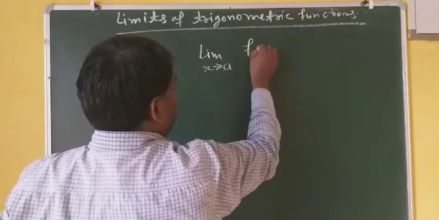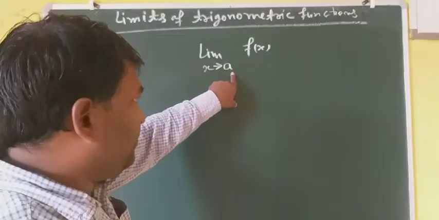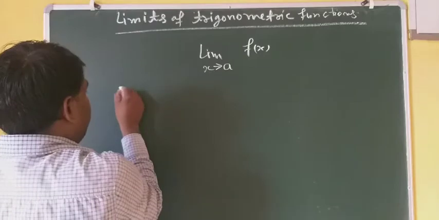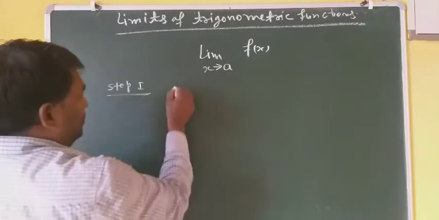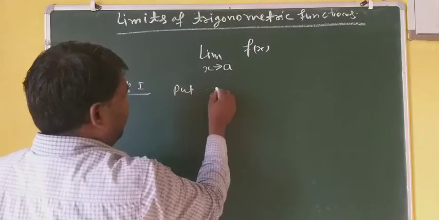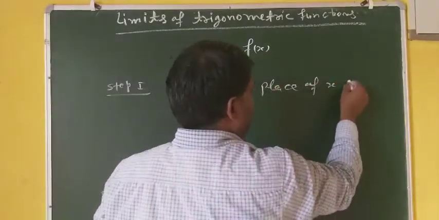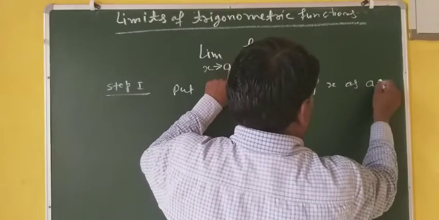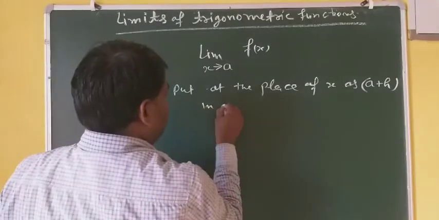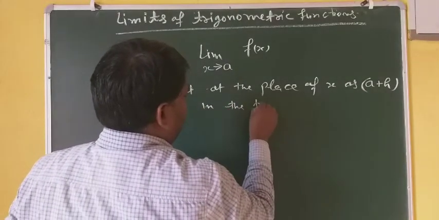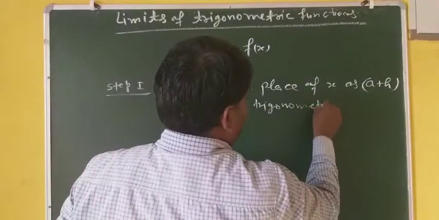Suppose there is a trigonometric function f(x) and the limit x tends to a is given, then your process, your steps, should be: Step 1, just put a plus h at the place of x in the given trigonometric function.